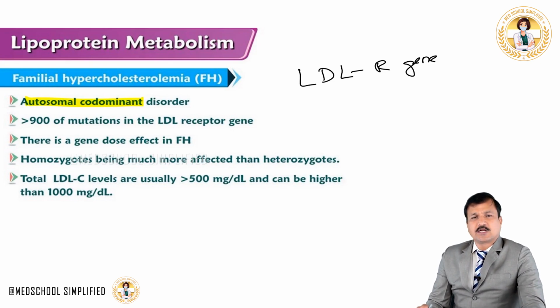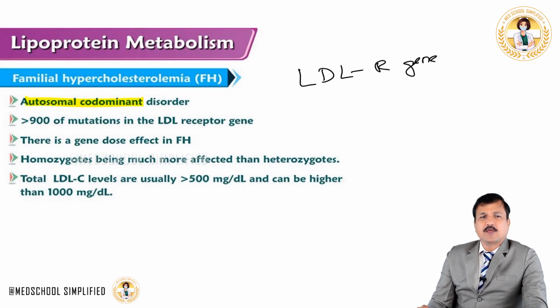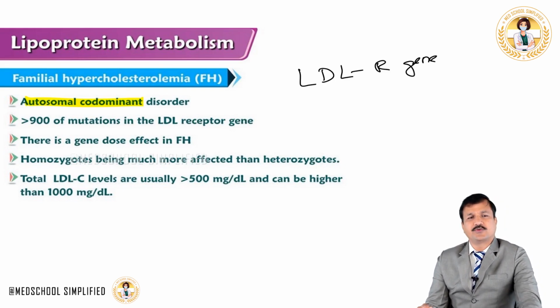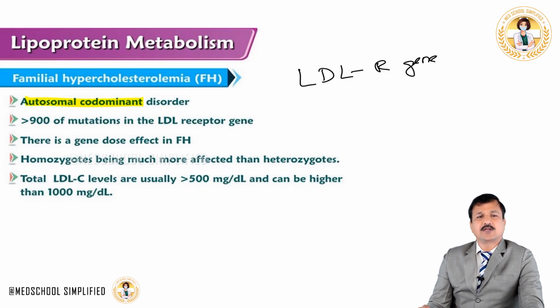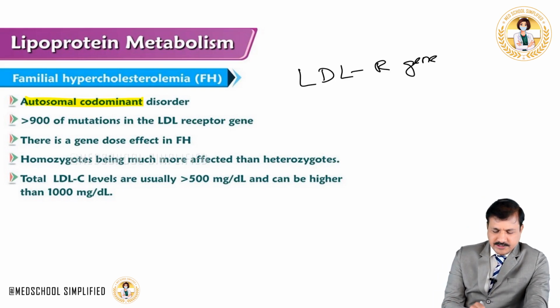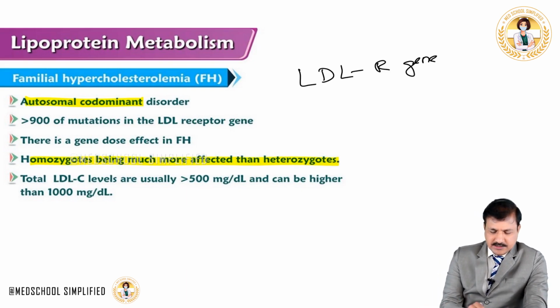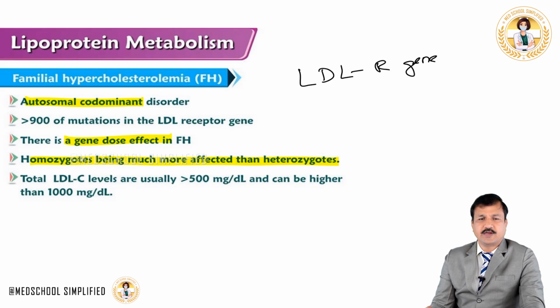Out of the two alleles coding for the LDL receptor, if one allele is mutated, it will give rise to a disease manifestation, although not as severe as when two alleles are mutated, because that will give rise to a much more severe disorder. So that means heterozygote presentation and homozygote presentation, the homozygotes being much more affected than heterozygotes. And this is what is referred to as the gene dose effect seen in familial hypercholesterolemia.